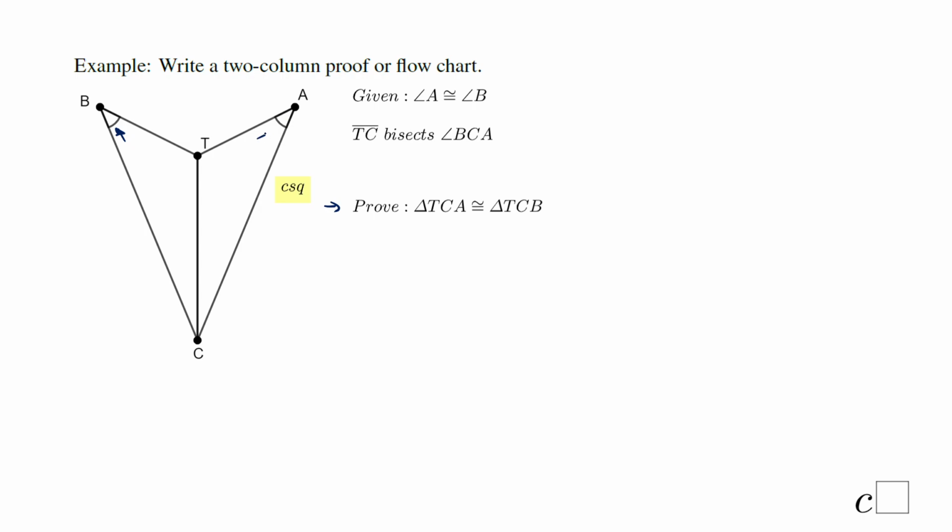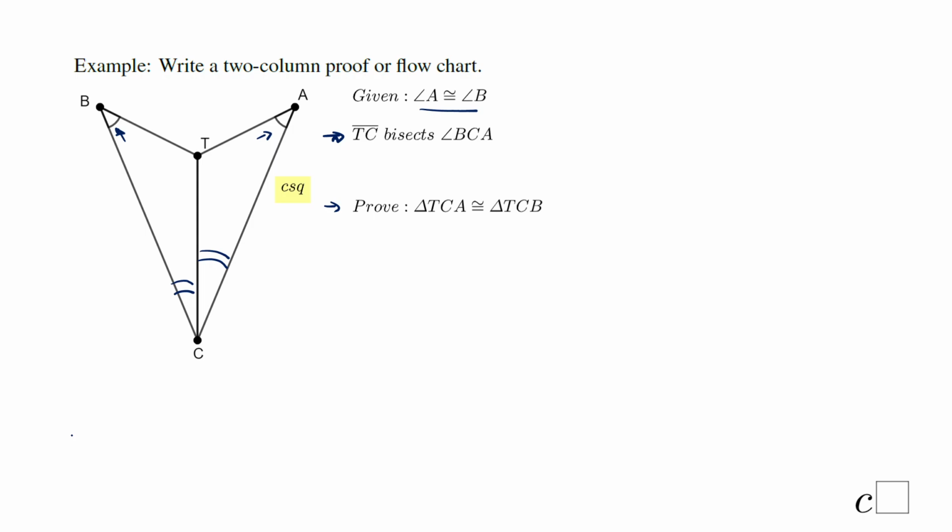In this case, it's shown, it says here also, but sometimes you have to mark on the picture. Now the next thing, it says TC bisects angle BCA. It's an angle bisector. TC bisects BCA. So that means these two angles, and I'm going to mark them with two arcs, are congruent. That's the meaning of the angle bisector.